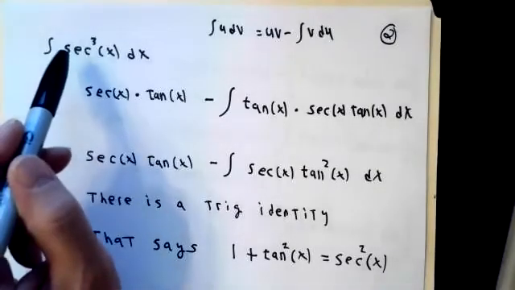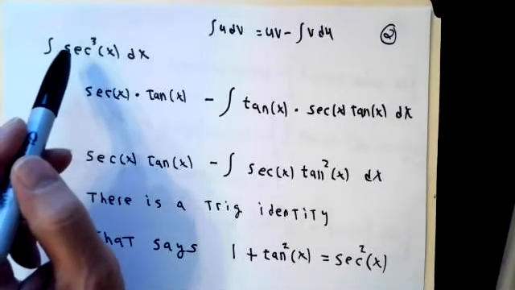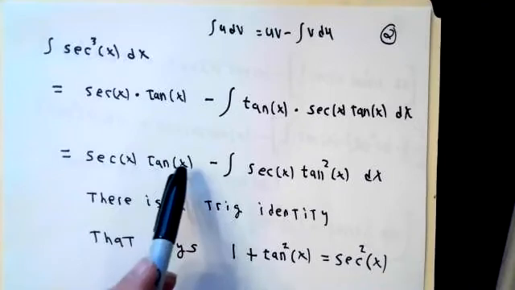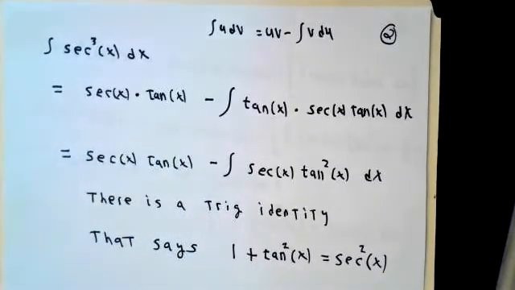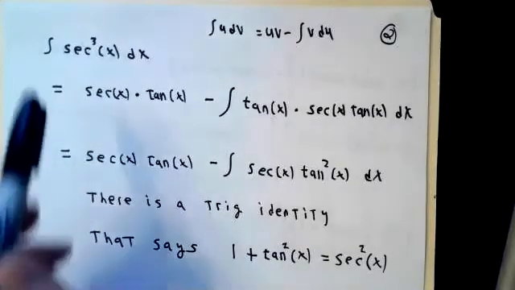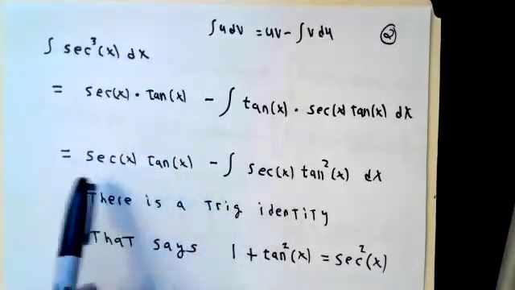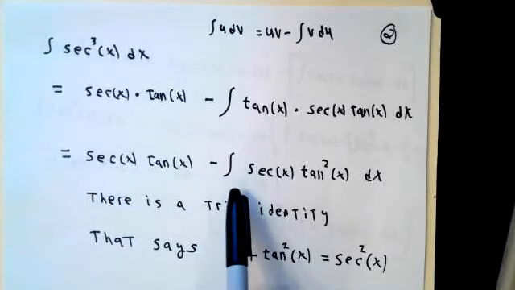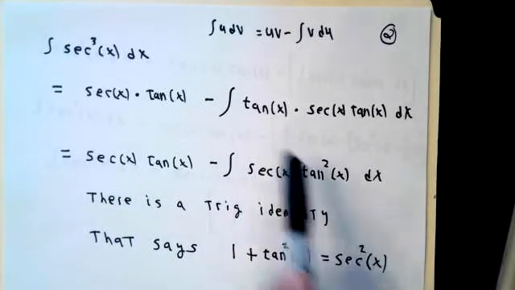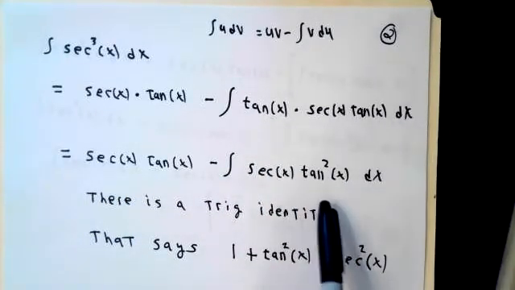The integral of secant cubed, the thing that we're looking for, is this quantity, which has no more calculus in it. That's just algebra and trigonometry. The thing that we're looking for is a known quantity minus this integral. I had two factors of tangent of x.